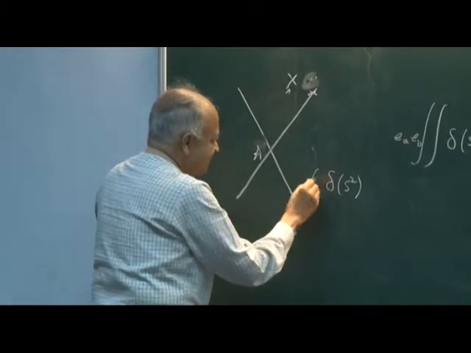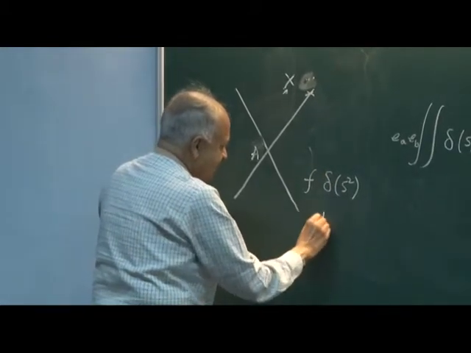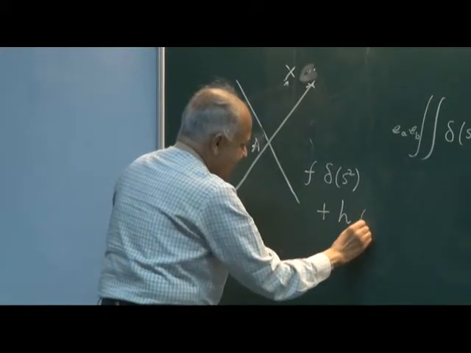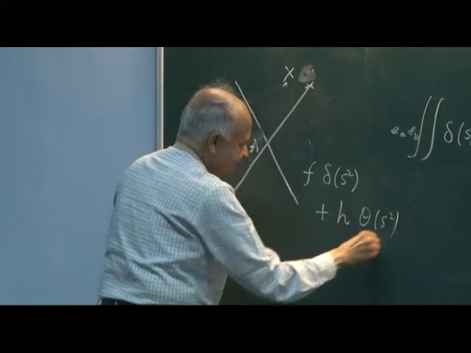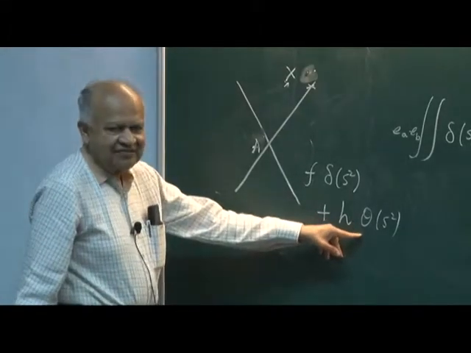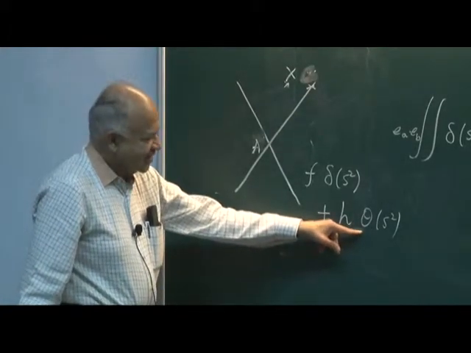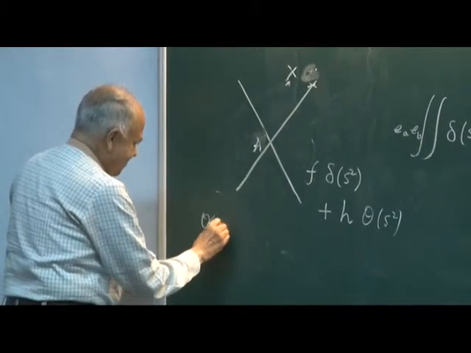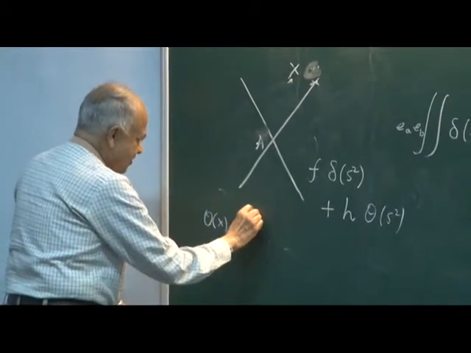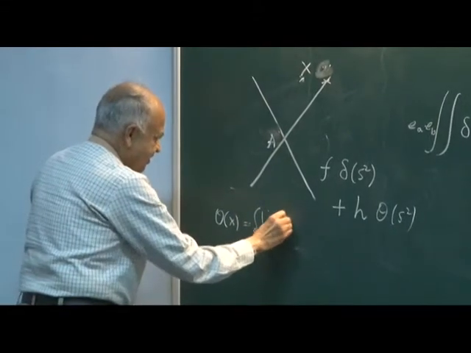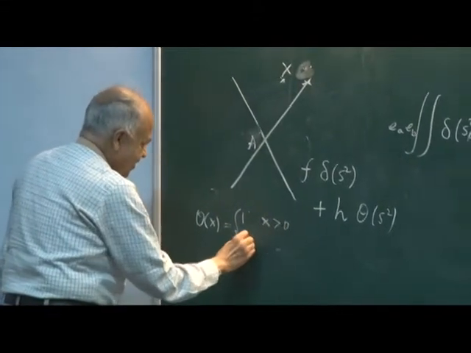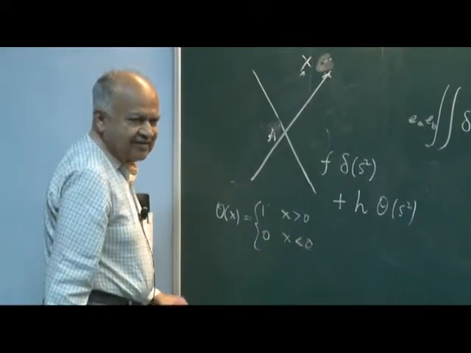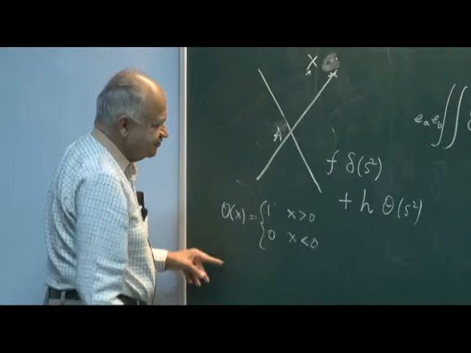Let us multiply it by some function, let us say h times theta of s square. This is the Heaviside function. That is, if you remember, theta of x is equal to 1 for x greater than 0 and 0 for x less than 0. This is the Heaviside function.